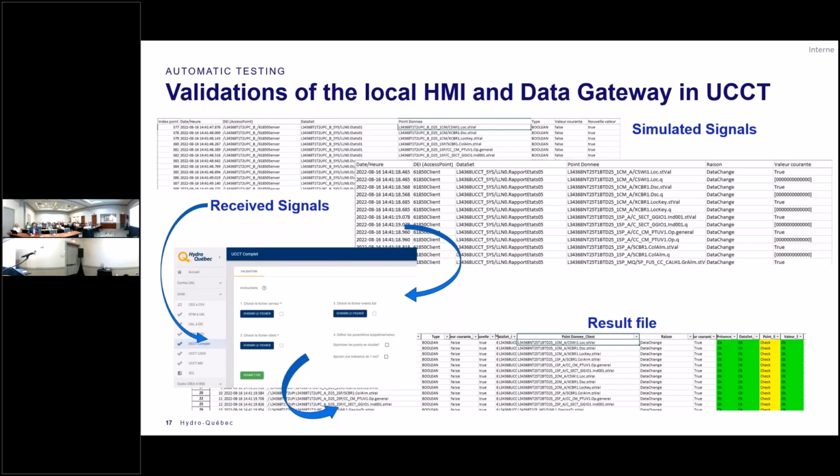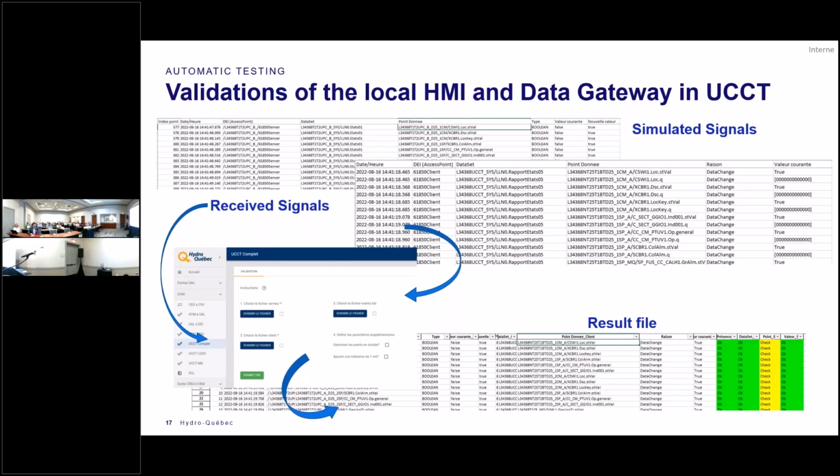We checked that the data set was the same while going through the gateway, that the quality and the value of the signal were the same, and that the name, which here is checked in yellow because of that difference between the function related naming and device related naming. But all those checks were done for all of the signals.